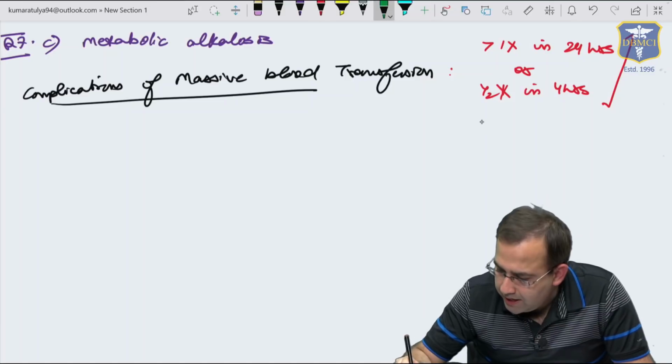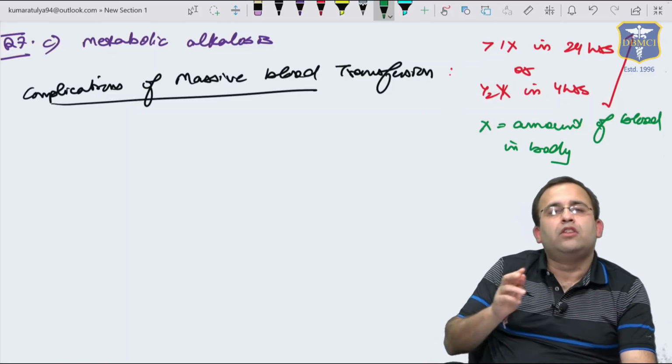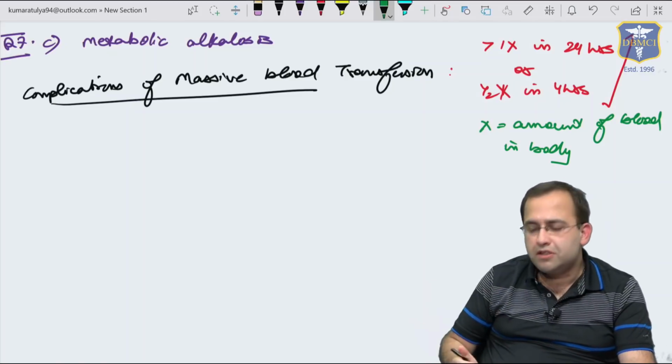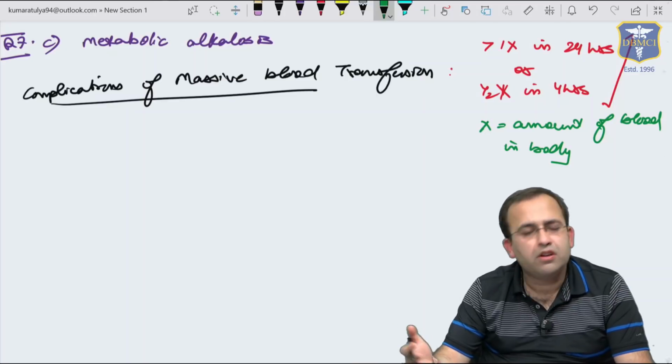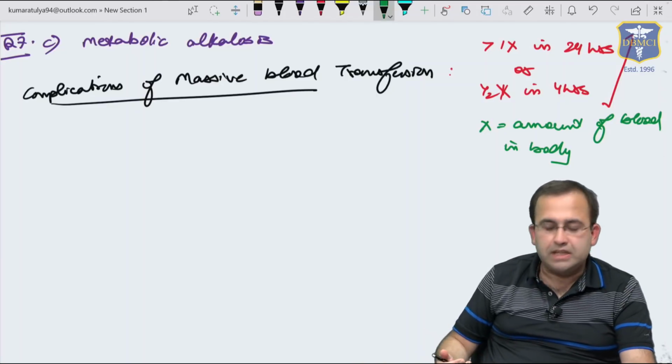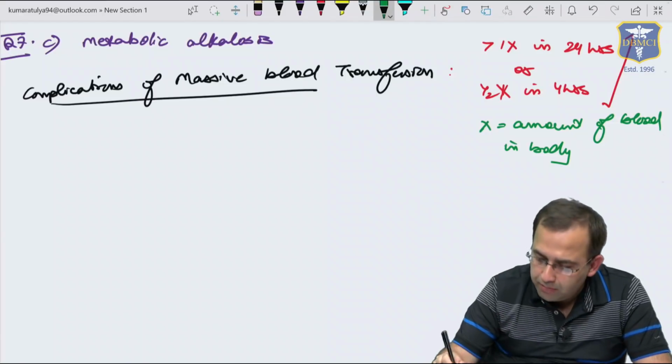Where x is the amount of blood in the body, that is 5.5 liters in males, 5 liters in females. More than 5 or 5.5 liters in 24 hours or half x in 4 hours is massive blood transfusion. If you are giving so much blood, obviously it will lead to complications.